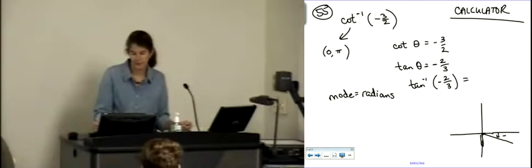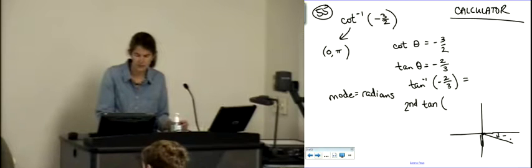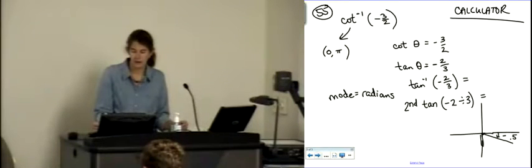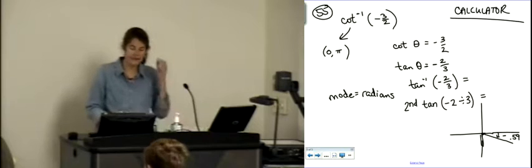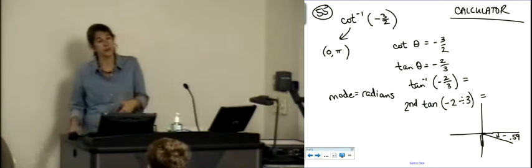Negative point something. The inverse tangent of -2/3: you put it in your calculator, second tangent for the inverse tangent, -2 divided by 3. About -0.588, so we'll put -0.59 here. But the problem is that's an angle down in the fourth quadrant.